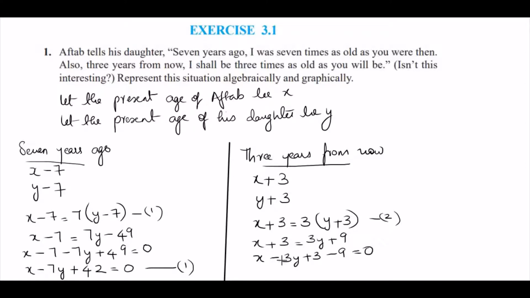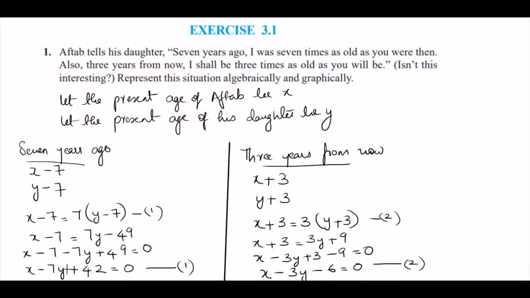I have taken 3y to the left hand side, so it became minus 3y, and plus 9 to the left hand side, it became minus 9. Now when you write, you get x minus 3y minus 6 is equal to 0. So this is the algebraic representation of the second case.